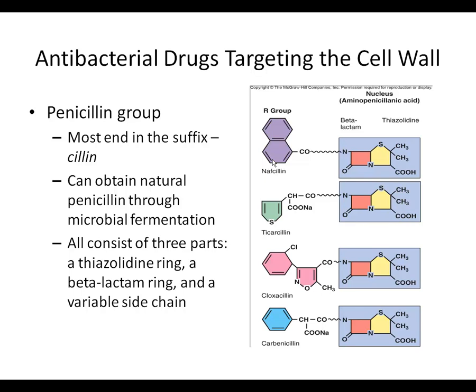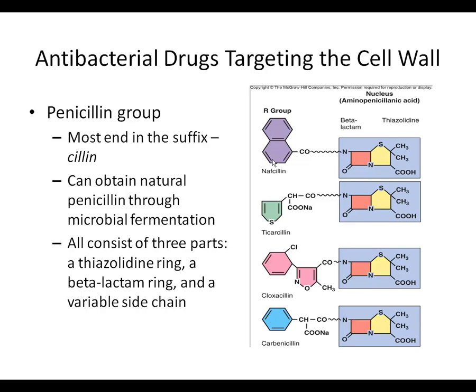When we're talking about antibacterial drugs that target the cell wall, the penicillin group is probably the most significant. Most of these drugs are going to end in the suffix cillin. They can be obtained through a natural process, through microbial fermentation, through the fungi. They consist of three parts.